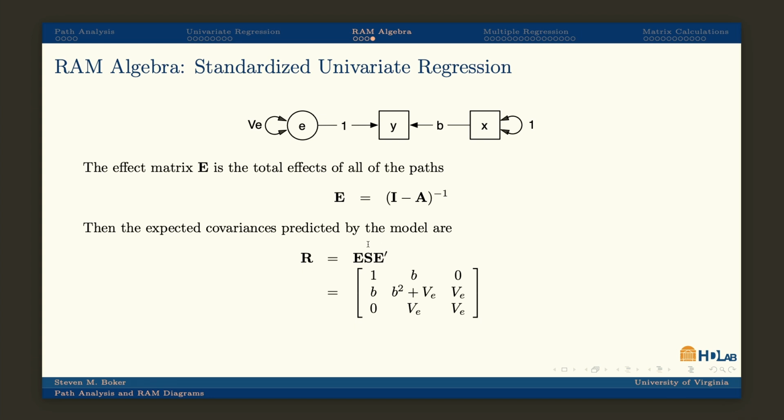And once you've got that, you can multiply E times the S matrix times E transpose and get the expected covariance matrix. Jack McArdle is the one who should be credited for this, and he used to say, well, that's why RAM is easy. Okay.